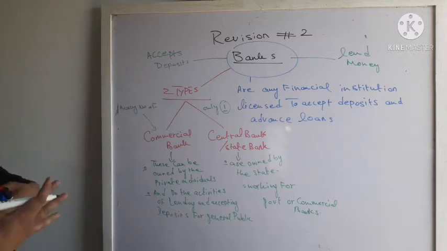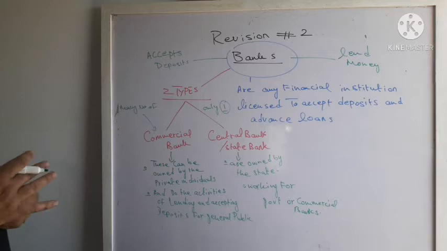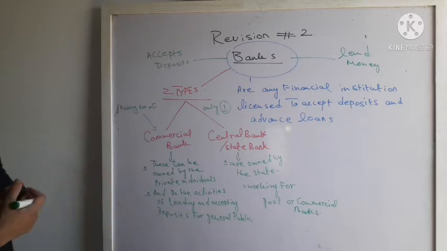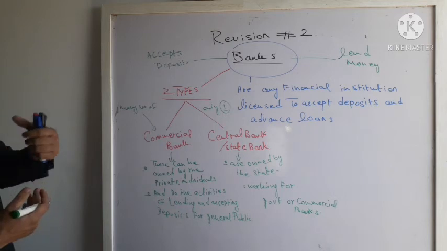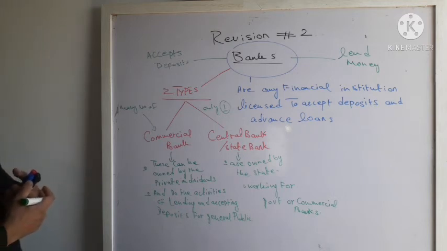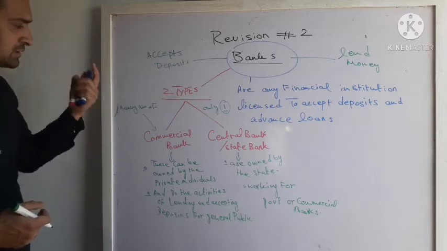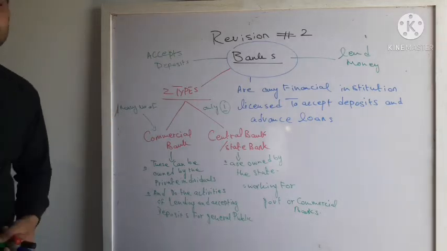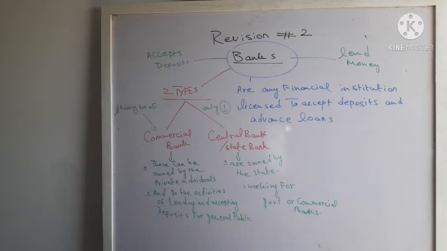Some commercial banks are owned by provincial governments, like the Bank of Punjab, owned by the provincial government of the Punjab. The Bank of Khyber is owned by the provincial government of Khyber Pakhtunkhwa, and the Bank of Sindh is owned by the provincial government of Sindh.